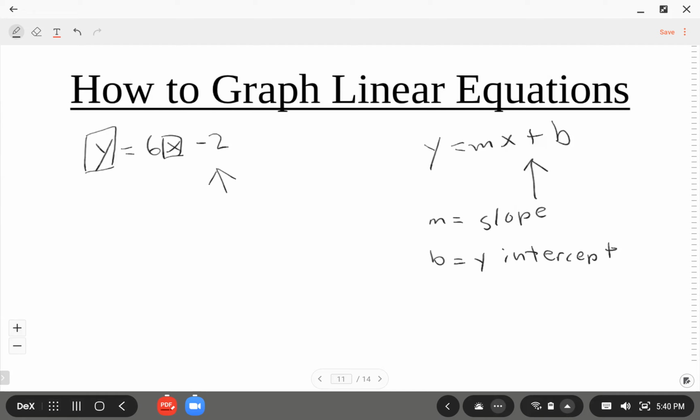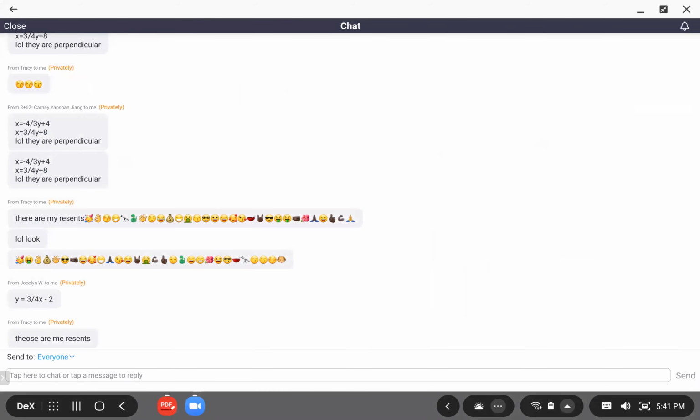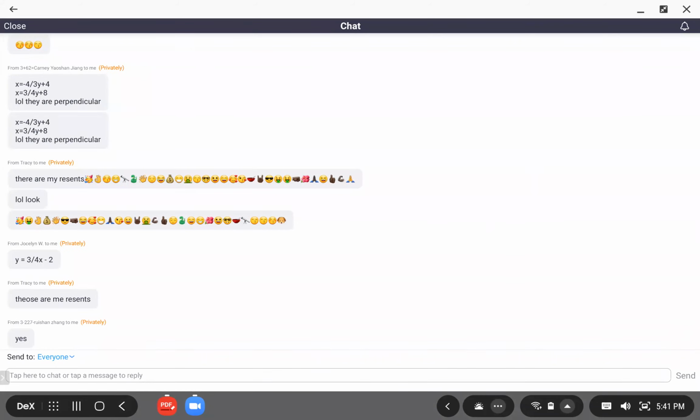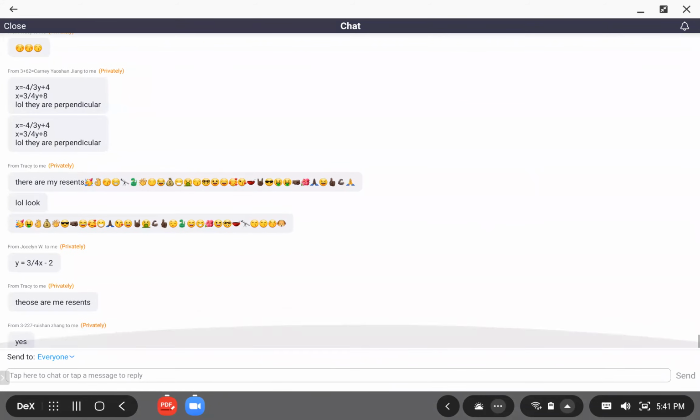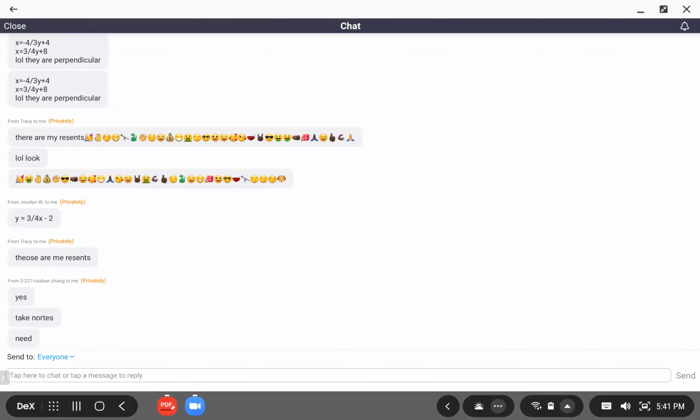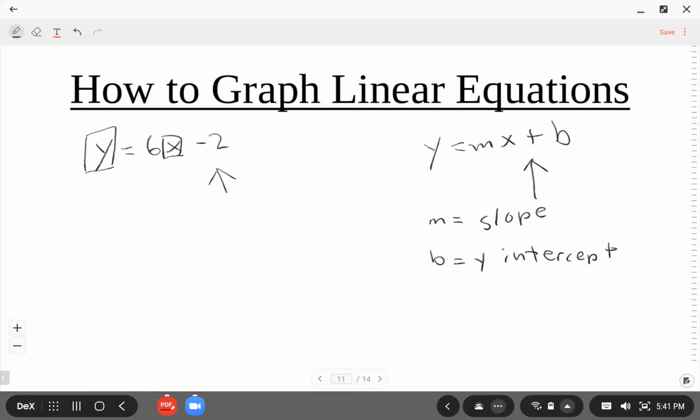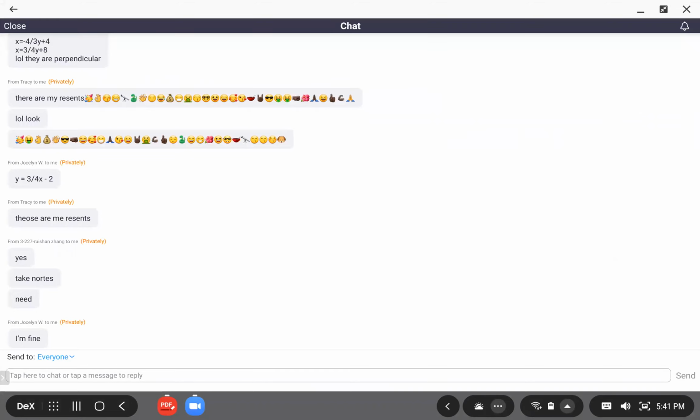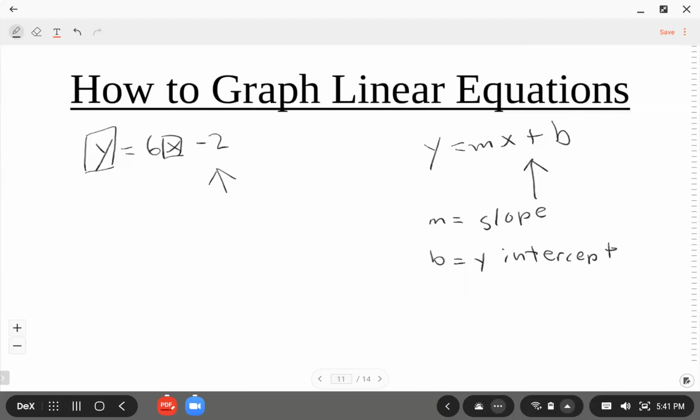So does anybody want to take notes on this? Because this might be kind of confusing. Maybe you want to review. Okay. So Rayshan says he needs to take notes. So I'll leave them up for a little bit, then we'll move on, okay? So please, if you need to take notes, please do. This may be a bit confusing for you, so it'd be a good idea to take notes.